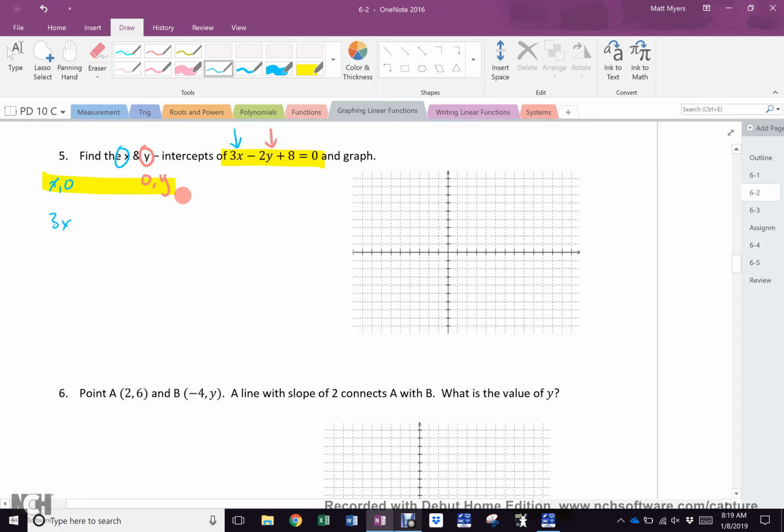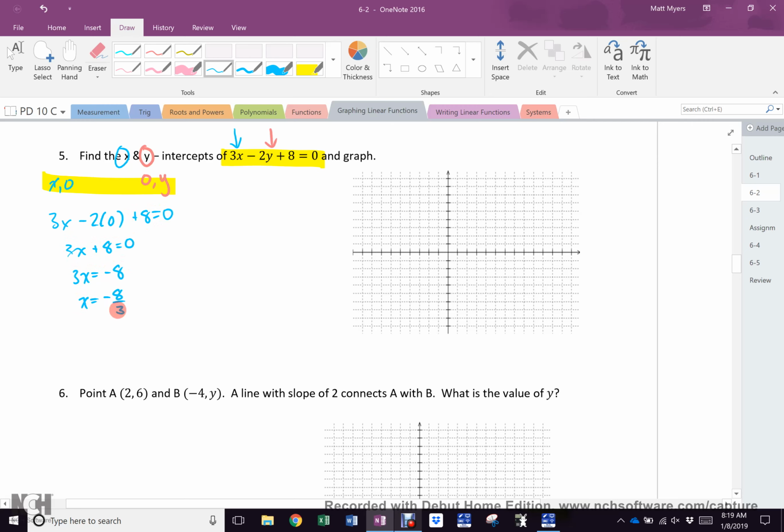You don't need to, but if you forget, it's not going to work very well. So I'm going to write minus 2 times 0 for the sake of lessons, plus 8 equals 0. 3x plus 8 equals 0. 3x equals negative 8. x equals negative 8 thirds.